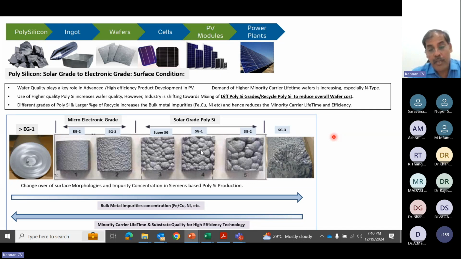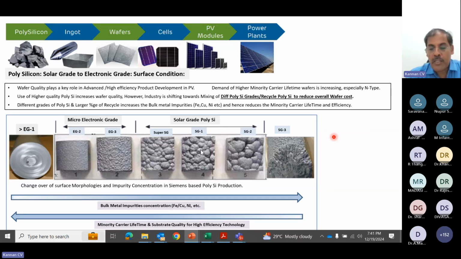It's okay for even 8N, 9N, 10N purity, instead of using 11N high purity material, because the environment where you grow the crystalline silicon ingot has a lot of contamination, because you are using graphite electrodes, graphite susceptor, a lot of graphite-based, carbon-based materials inside the furnace.